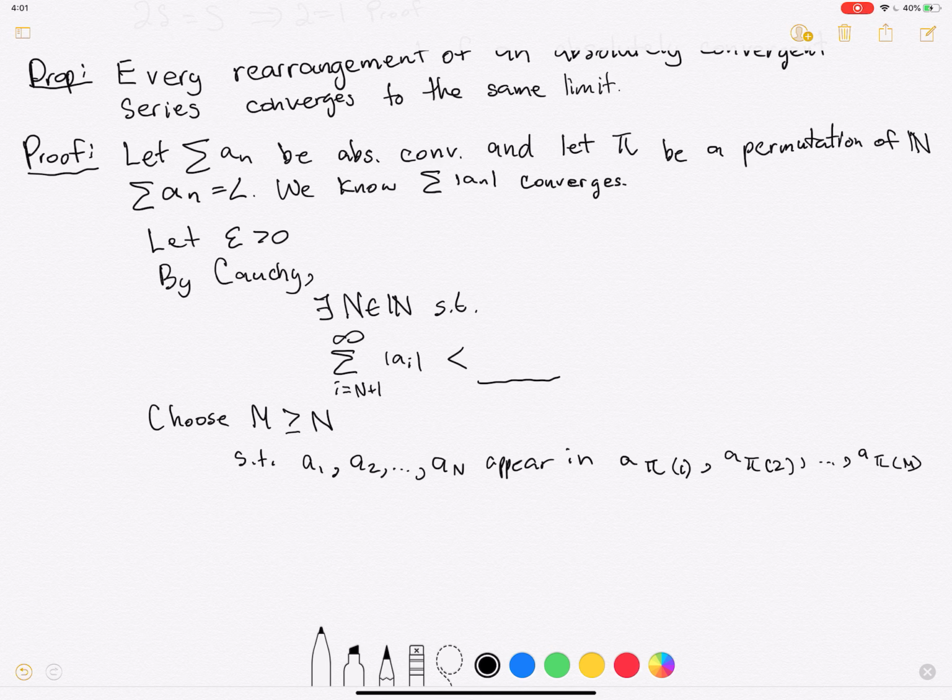Now suppose M is greater than or equal to m.